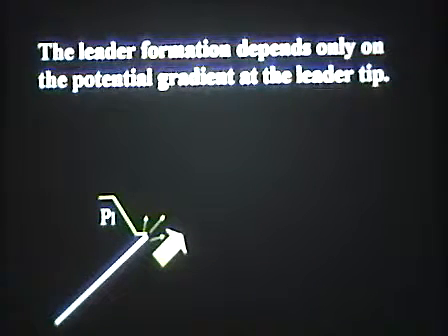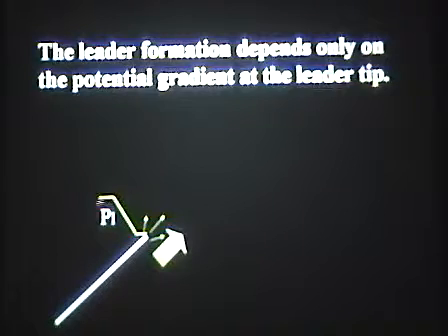Now, it is also important to understand that leader formation depends only on the potential gradient at the tip of the leader. So this cartoon shows this potential gradient like a step. This is the potential value on the tip. This is the ambient potential outside.